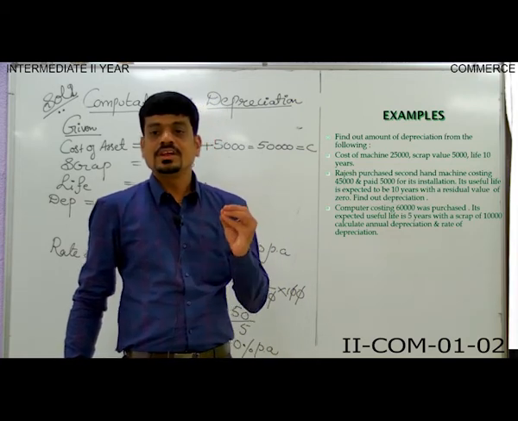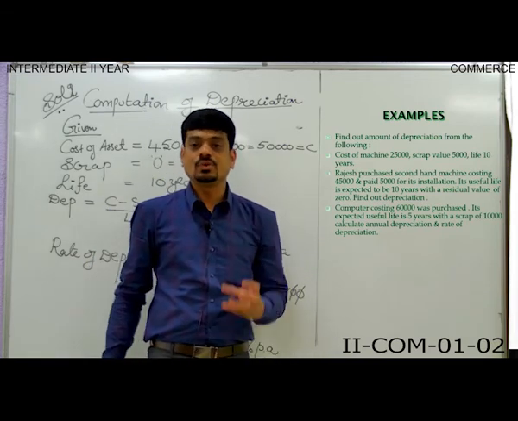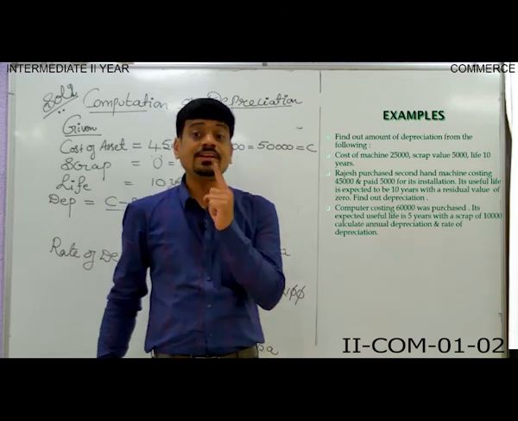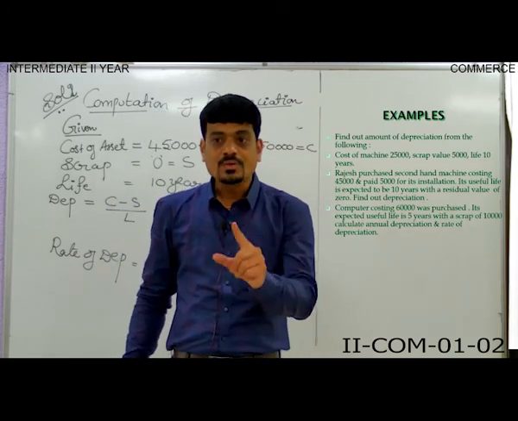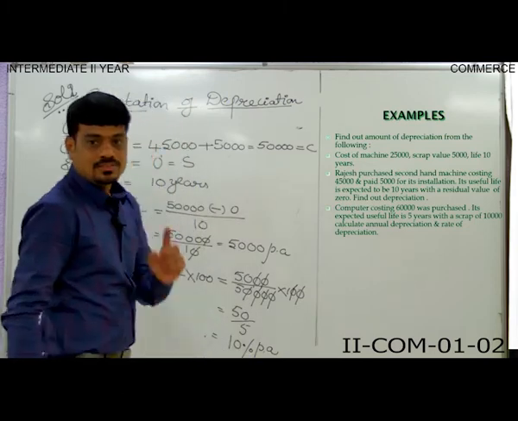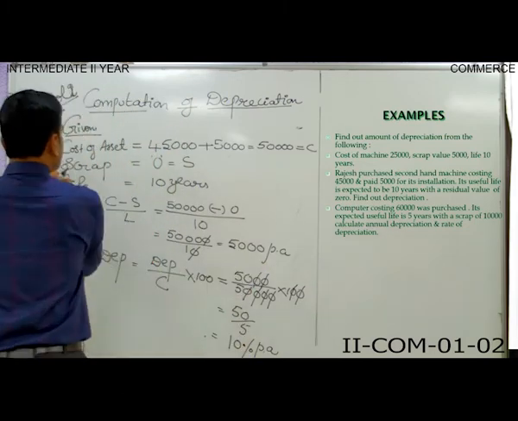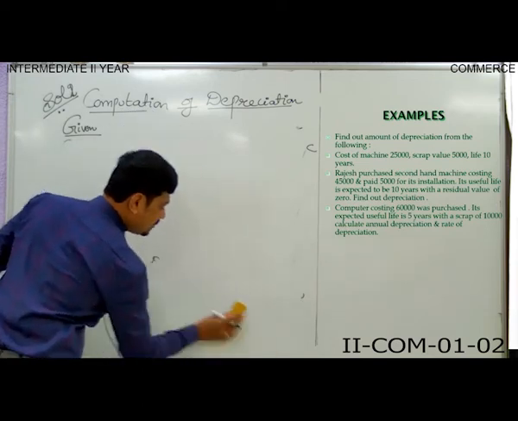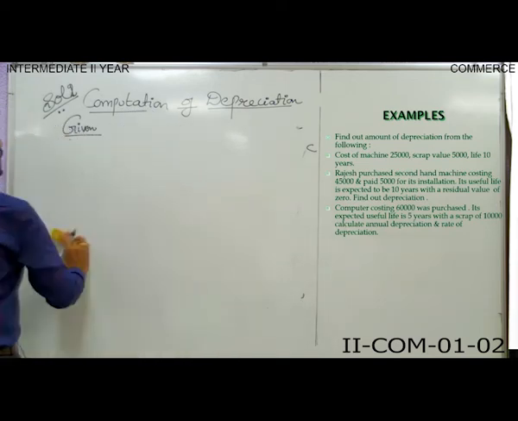It will be 10,000. So the amount of depreciation will be 10,000. You have to calculate even the rate of depreciation. Now here I will show you the rate of depreciation, because we'll get a decimal. So look on the blackboard once again.